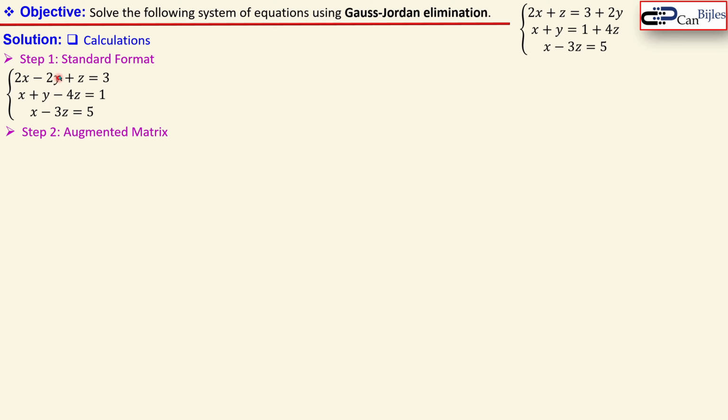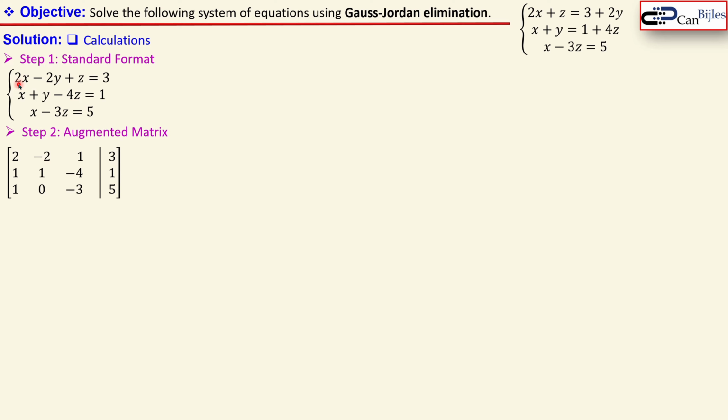The second step is put this system of equations in the augmented matrix form. That means put this in a matrix form and augment that using these solutions here, 3, 1, and 5, in this format. So you put a vertical line, which is an augmented version of the matrix, and you see here 3, 1, 5. You take the coefficients of each variable.